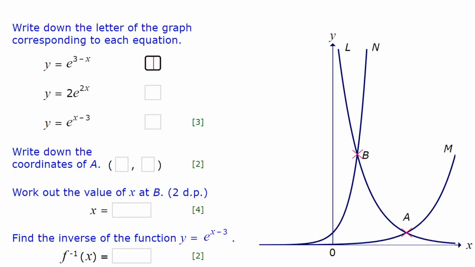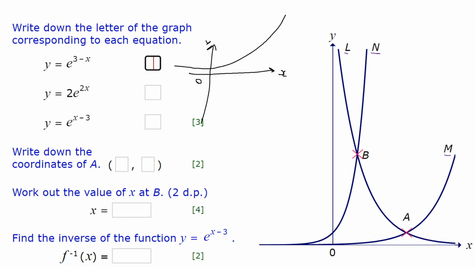Now, let's take a look at a little word problem. Write down the corresponding letter to each equation. We have L, N, and M. Which one is which? Well, we know that e to the x looks like what? This is y, this is x, and this is naught.